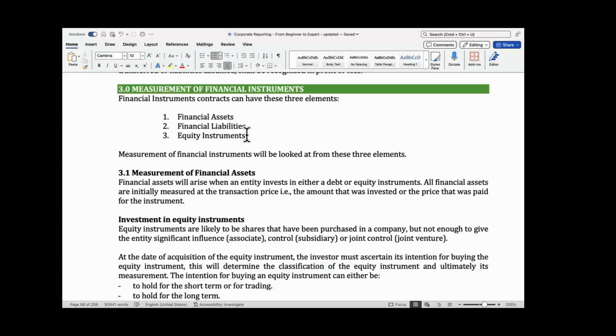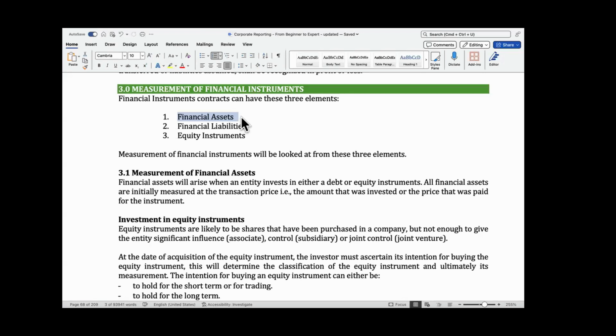For financial assets, I already taught you that financial assets are majorly three items: cash, equity instrument of another entity, and a contractual obligation to deliver cash. How do you measure cash? Cash is cash. It's measured at the amount you have either in your bank or your highly liquid short-term investment. So measurement of cash is not a problem.